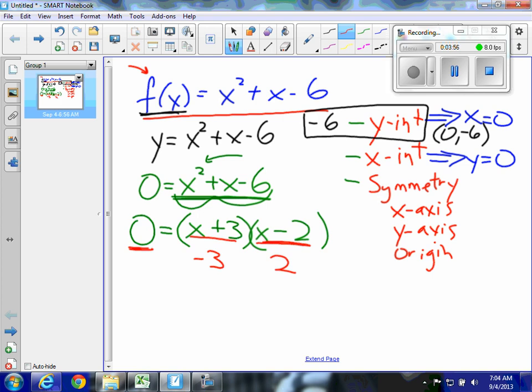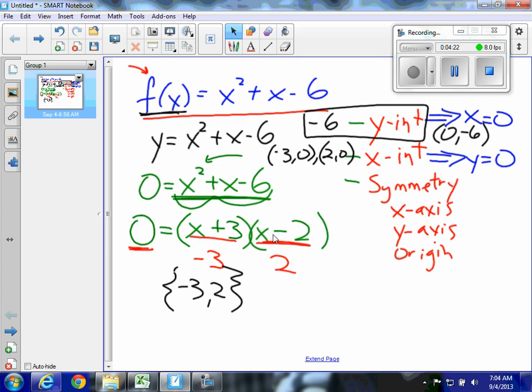So my answer to this part, my x-intercept, is the set negative 3 and 2, or, better yet, write it as an ordered pair: (negative 3, 0) or (2, 0). And there are two answers to this. There isn't just one. It's a quadratic, so I am at the power of 2. It's likely that I'll have two answers. So you have to remember to factor this out.